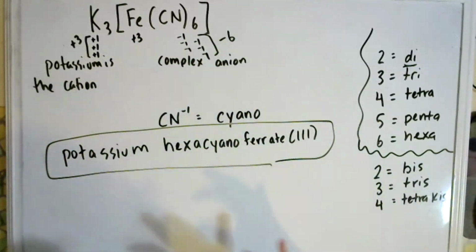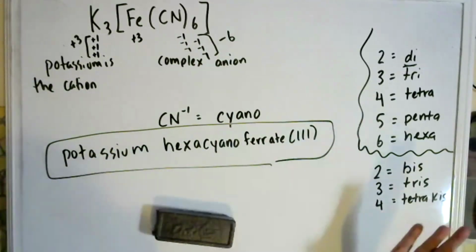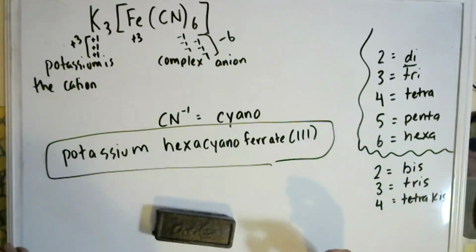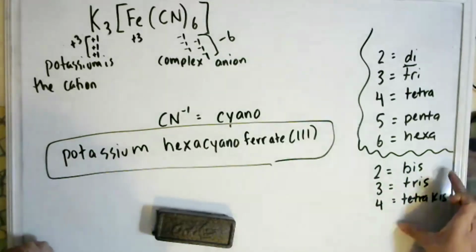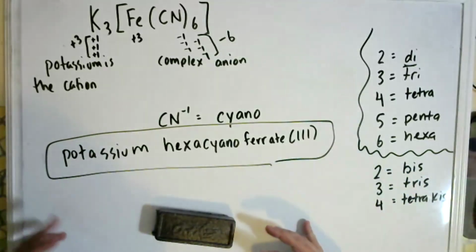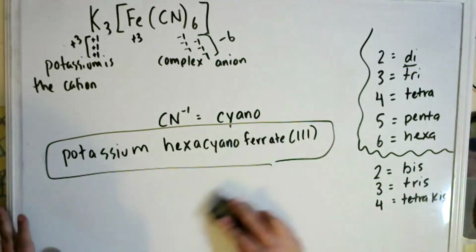The last example that I want to do is going to show just how you go about naming when you have some ethylene diamine as part of your compound, so we can see it in action.